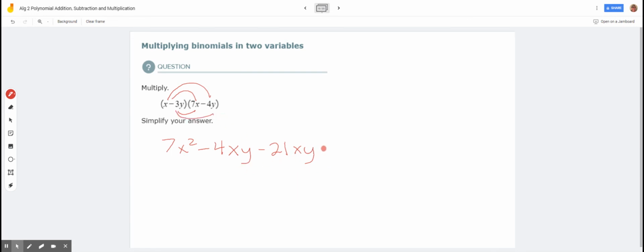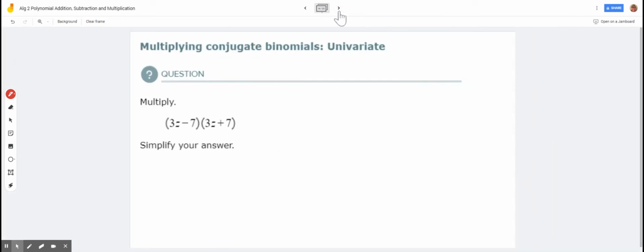And then negative 3 times negative 4 is positive 12. Y times y is y squared. So you get 7x squared. And then you can combine these two. And it's 25xy plus 12y squared. They seem to think like it gets harder if you add more letters. But the truth is, if you keep following your rules, you'll be just fine.